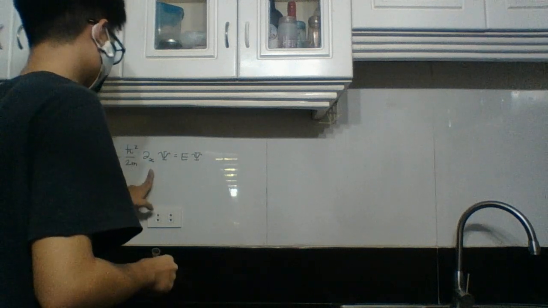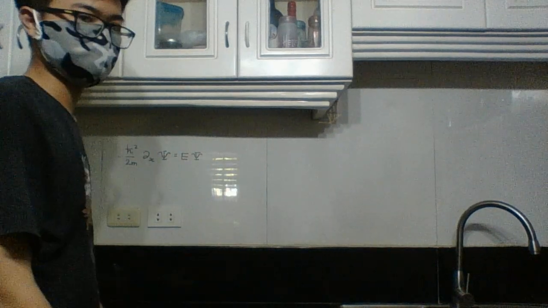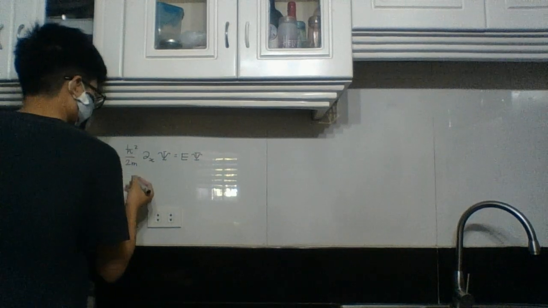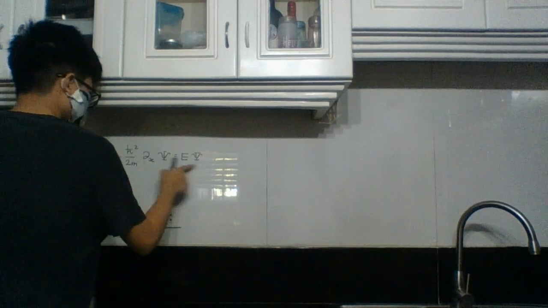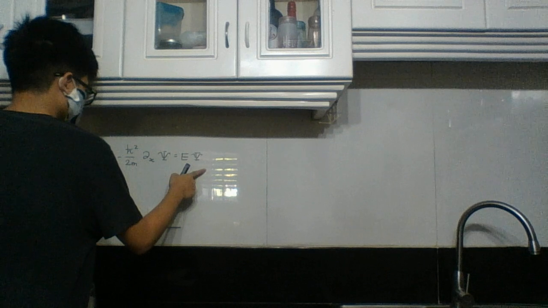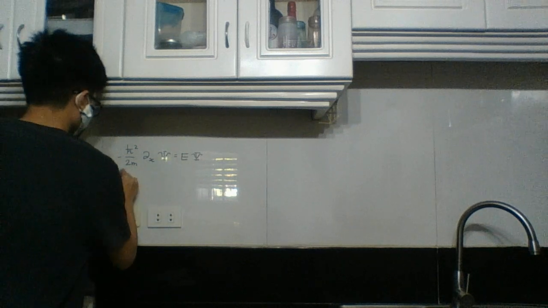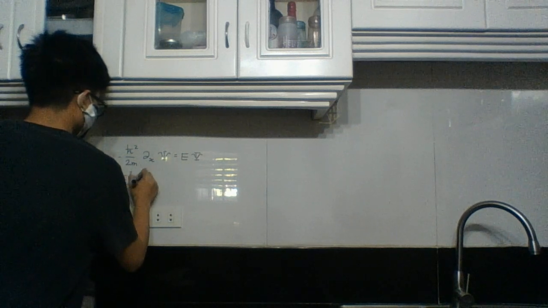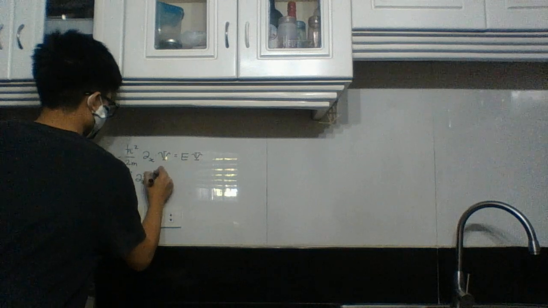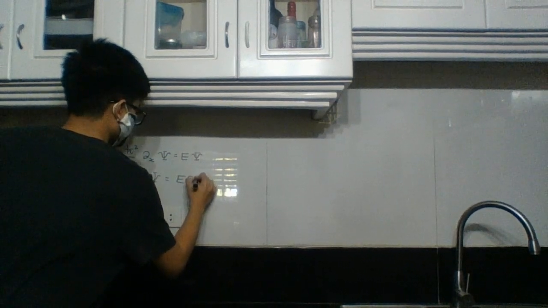Separate this. If you notice, we can bring all of the variables to one side and all of the constants to the other side. So if I multiply both sides by 2m, I get h bar squared times the derivative equal to E psi 2m.